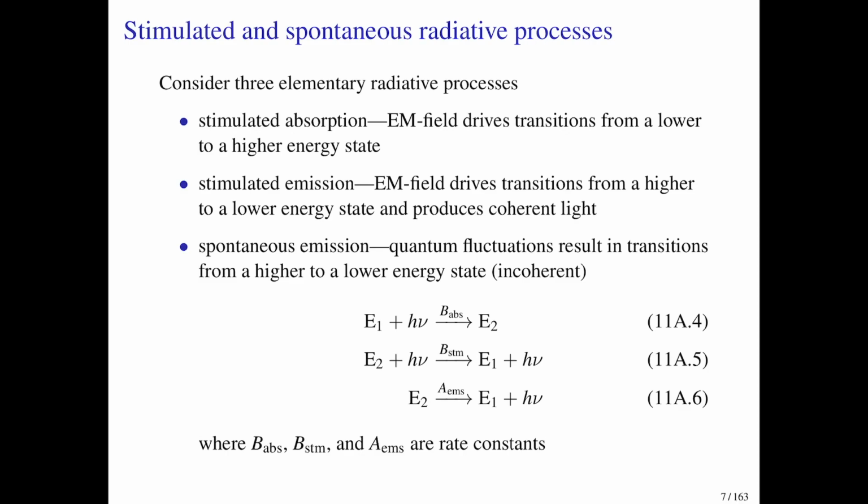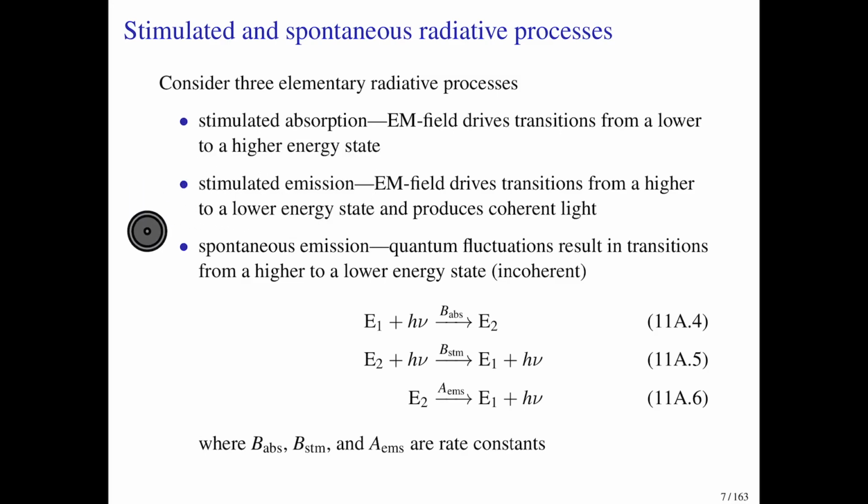That photon has the same frequency, the same phase, the same polarization, the same direction of propagation as the original photon. And so those two photons will then add together. You'll go from just one photon to two photons, and the light that's produced is said to be coherent. At the very end of this chapter, we'll talk about lasers, and lasers involve stimulated emission.